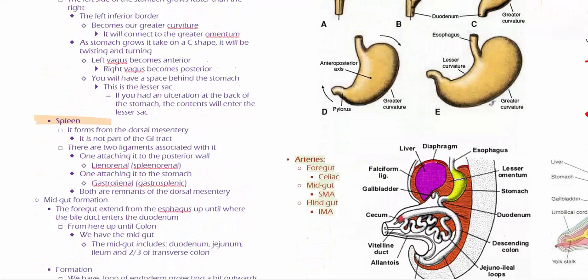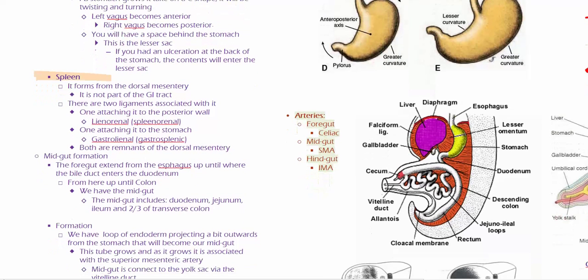Okay, so how did we form the liver? The liver is from, you get hepatocytes from endoderm, and everything else comes from septum transversum. Okay, that's right. So what forms the hepatocytes? Endoderm.